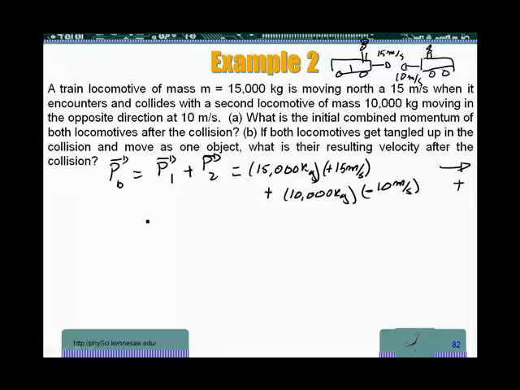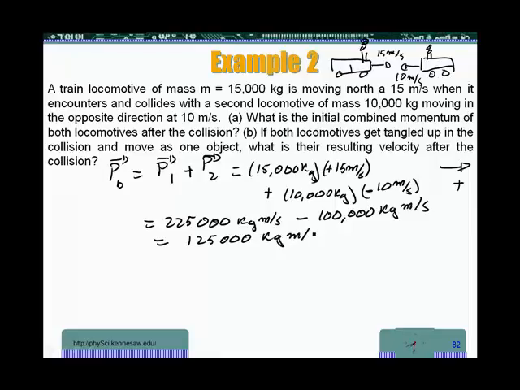So my overall momentum before is going to be 225,000 kilogram meters per second minus 100,000 kilogram meters per second, which is going to be equal to 125,000 kilogram meters per second. That's my combined momentum before.